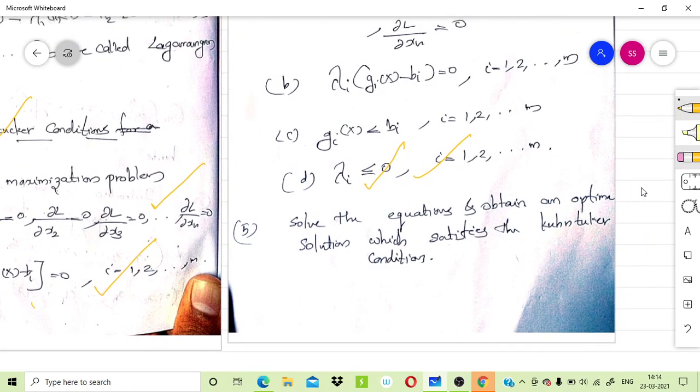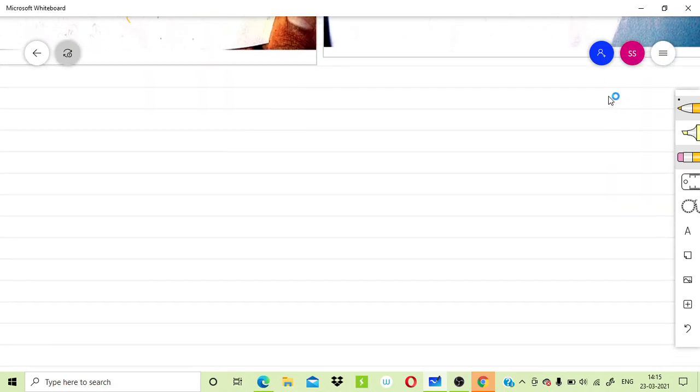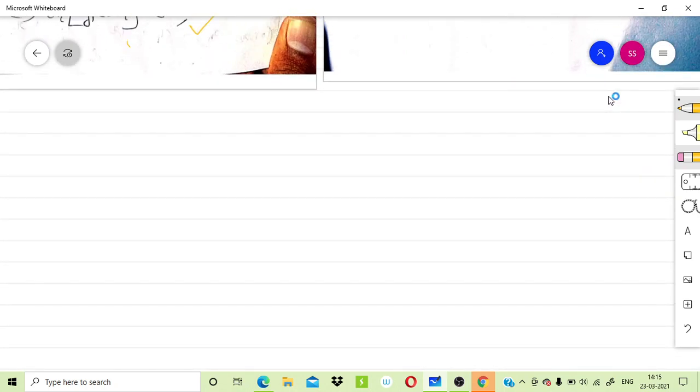Then again you will get four sets of equations and conditions. You again solve them, and you will get the optimum solution x star. So those are the Kuhn-Tucker conditions for solving the constrained nonlinear programming problem.